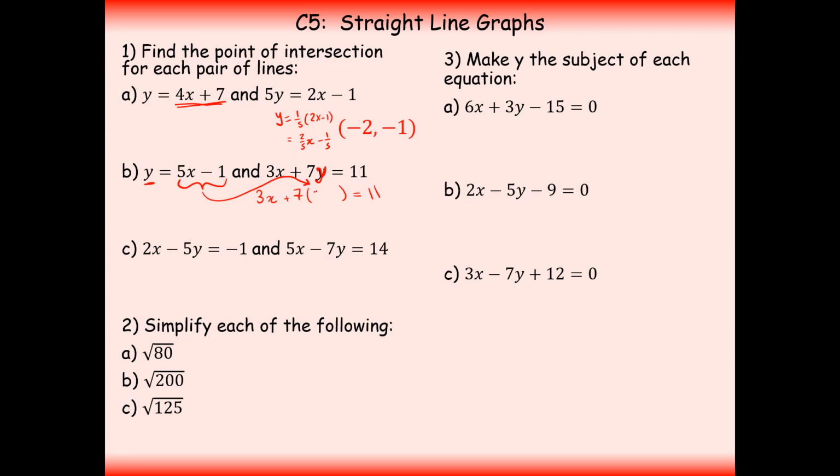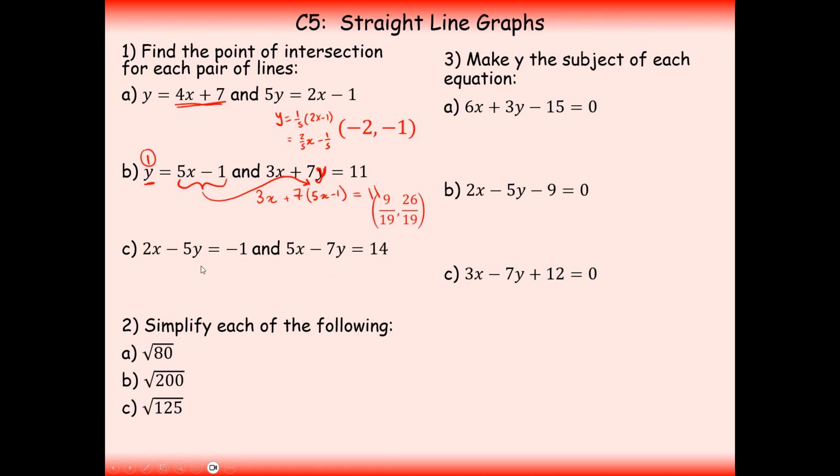So we would have written 5x minus 1, expand the bracket and solve it, and you'll figure out the x value is 9 over 19, and you substitute it back into the first equation on the left to figure out what the y value is. It should be 26 over 19.